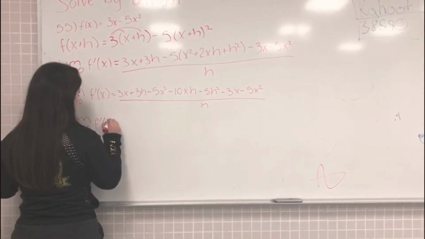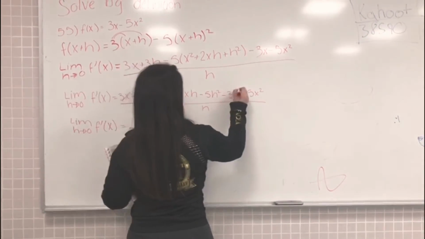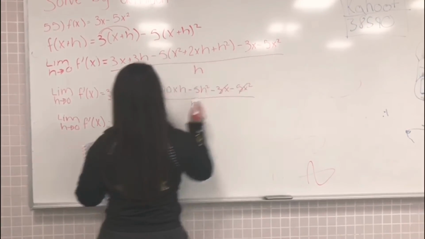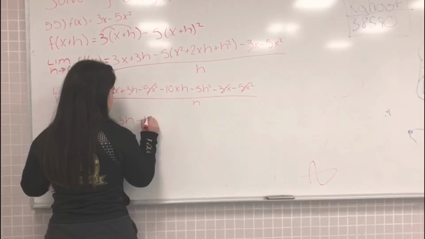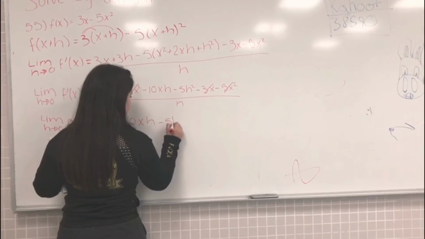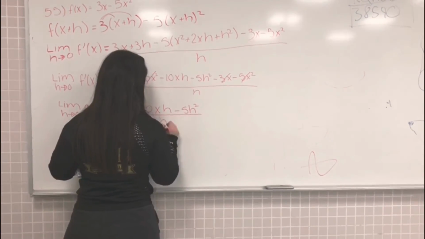f prime of x. That we're going to cancel 3x with 3x and 5x squared with 5x squared, so we will have 3h minus 10xh minus 5h squared, all of it divided by h.